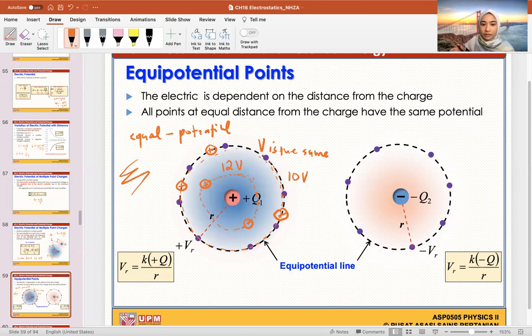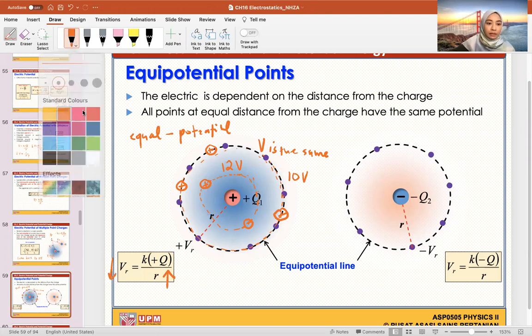It depends on the distance from the source charge. Remember, our equation is V equals KQ over R. If my R is further away from the source charge, which means that my R is increasing, my V decreases.